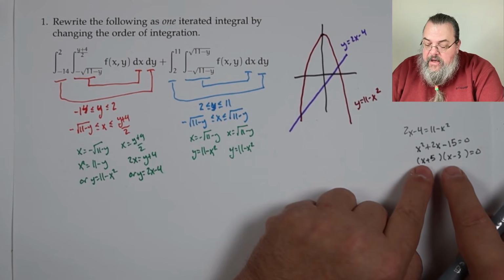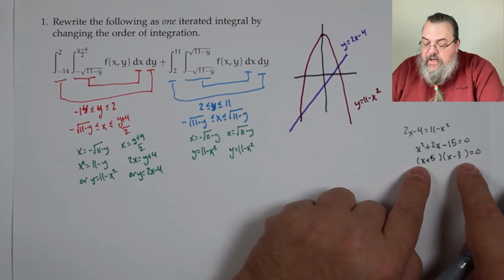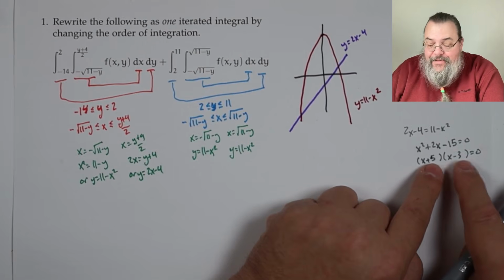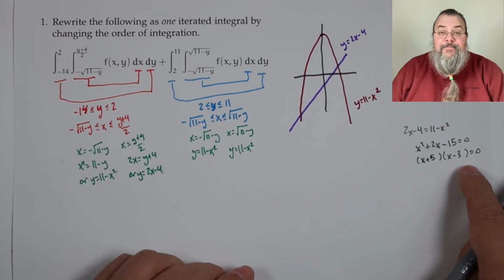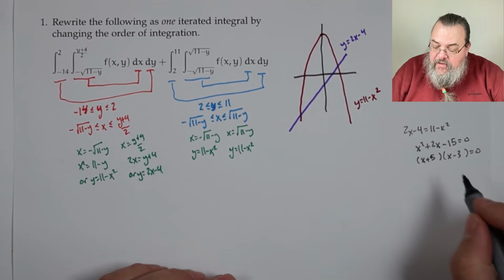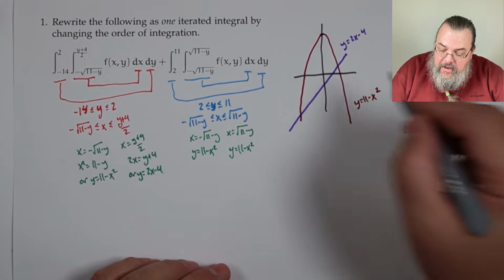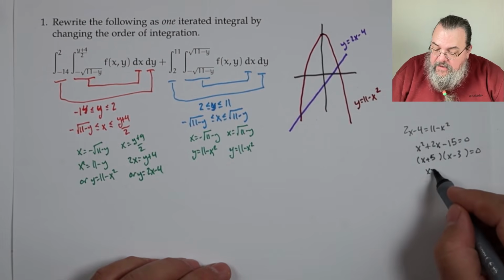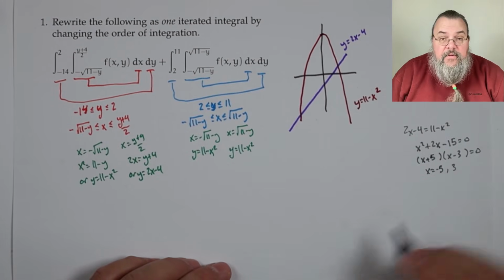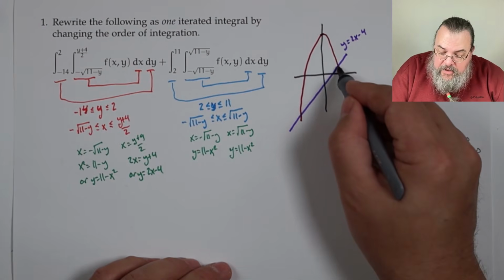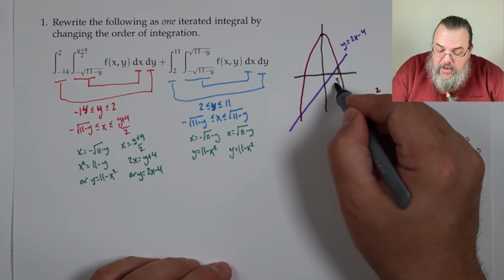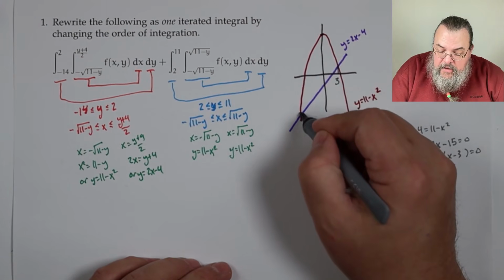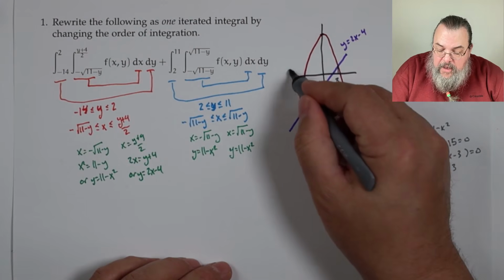Check it out. x squared, good. Minus 3x plus 5x, 2x, and minus 15. All right, which tells us the intersections are at minus 5 and plus 3. So here, 3, and here, minus 5.